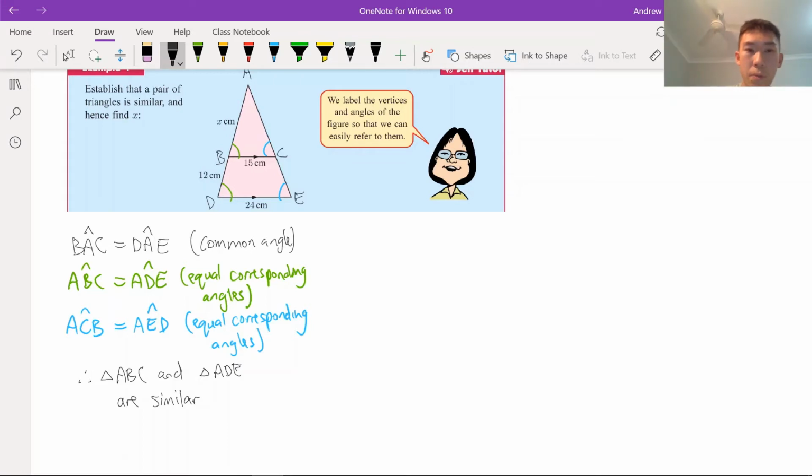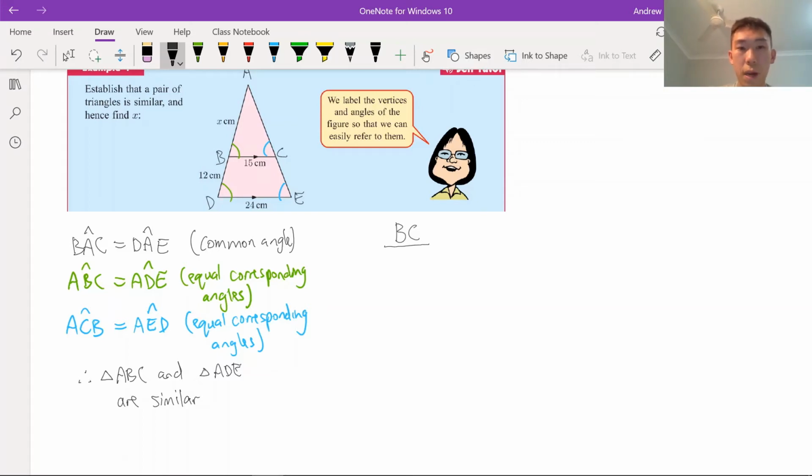So if I take the two bases of these triangles and divide them, that means if I do 15 over 24, that should be equal to the... Actually, before I put in the numbers, I'll name some lengths.